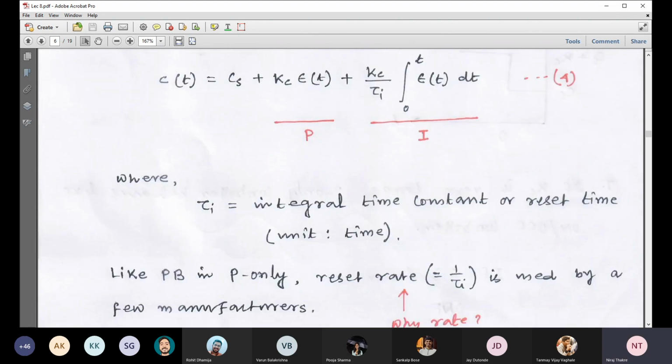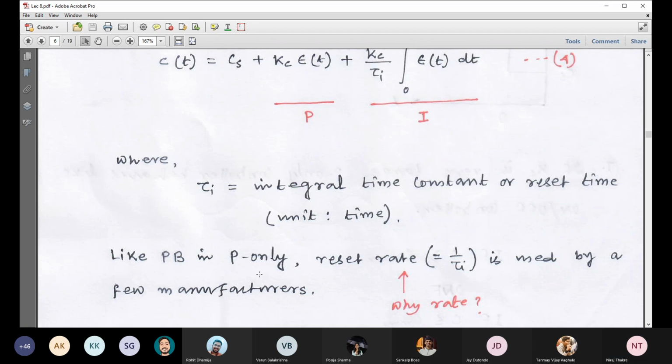Now in the case of the proportional controller, we used an alternative tuning parameter to Kc, that is proportional band. Similarly, in some software, instead of tau I, 1 by tau I is used as a tuning parameter. That we call the reset rate.